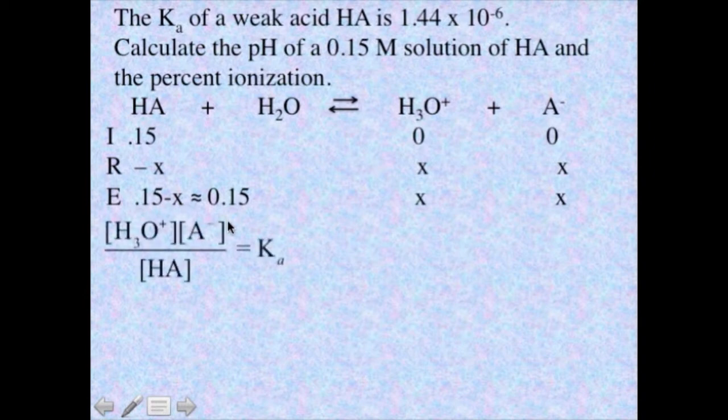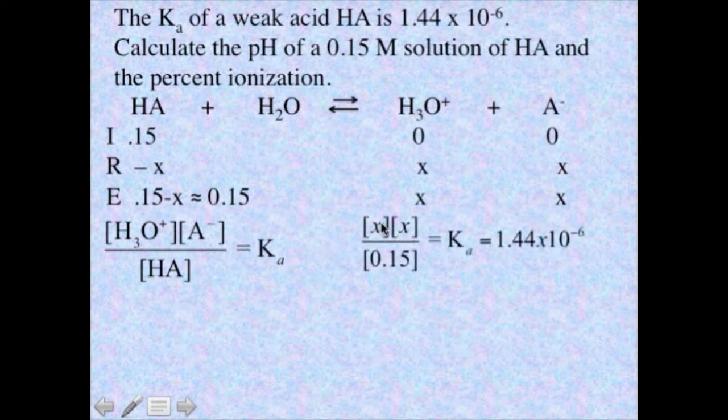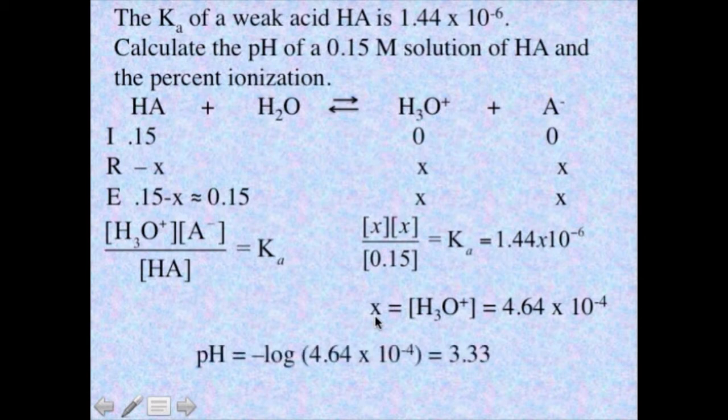So now we can set up our mass action equation, solve it for X, and here's where we get rid of the quadratic. We just put in 0.15, the starting concentration, not 0.15 minus X. Set that equal to Ka, solve for X, which is 4.64 times 10 to the minus 4, and then calculate the pH from that, 3.33.